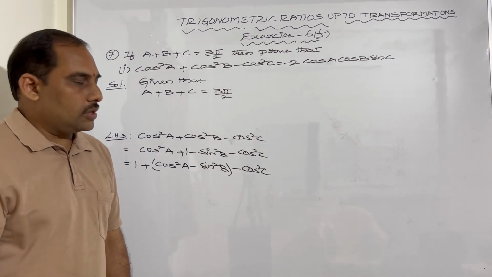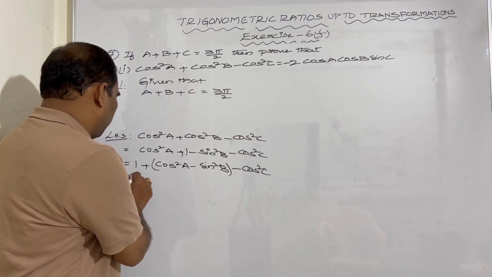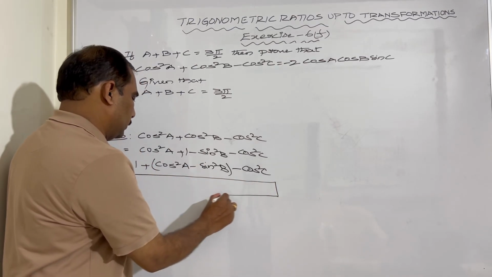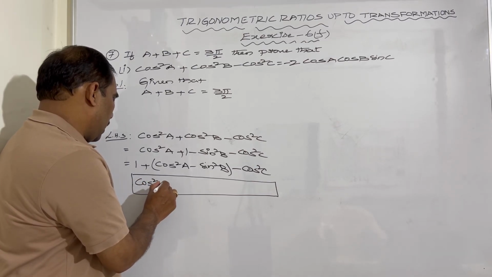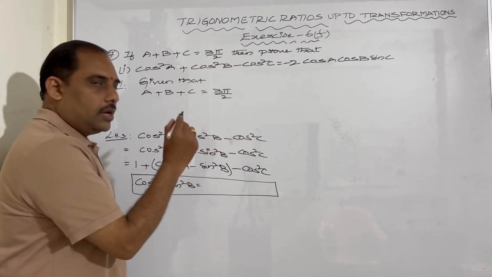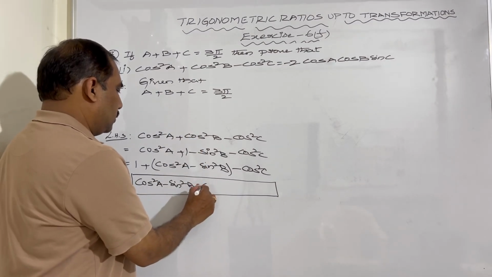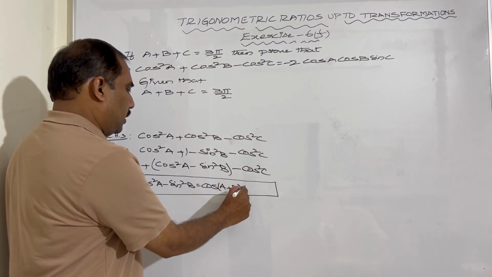Why consider cos square a minus sin square b? From the compound angles, we have the formula for cos square a minus sin square b, which is equal to cos a plus b into cos a minus b.